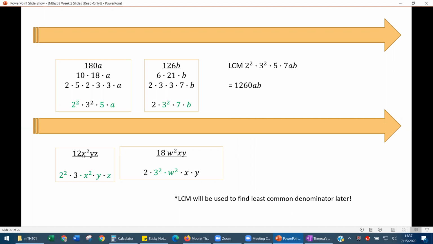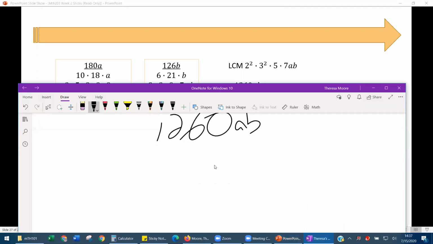So if we take 12x squared yz, and we break it down to its primes, 12, remember, is 3 times 4, and 4 is 2 times 2. So we have 3, 2, 2, or you could write it as 2 squared. Then you have x squared, y, and z. 18, you can think of it as 2 times 9, and 9 is 3 times 3.